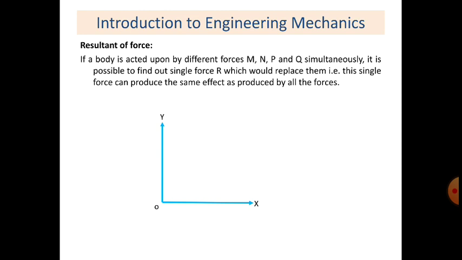We are replacing all the three forces and bringing in a single force, of higher magnitude, with the same effect as those three forces. That single force is called the resultant force. Understanding what I'm saying?